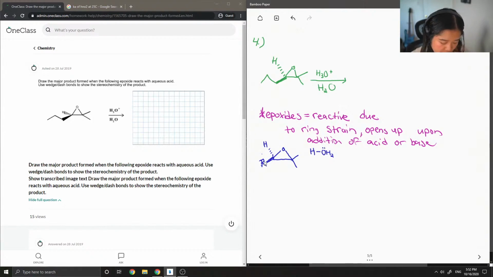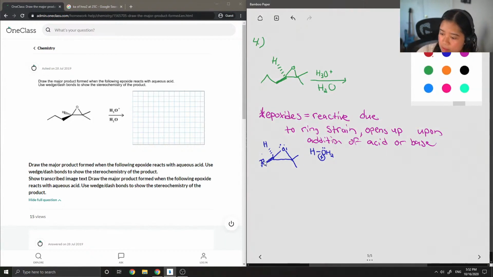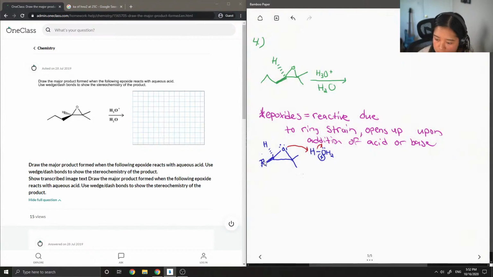It's pretty much a protonated water. And then what happens is that one of the electrons on the oxygen comes and takes that proton. And then you end up with this positively charged epoxide.